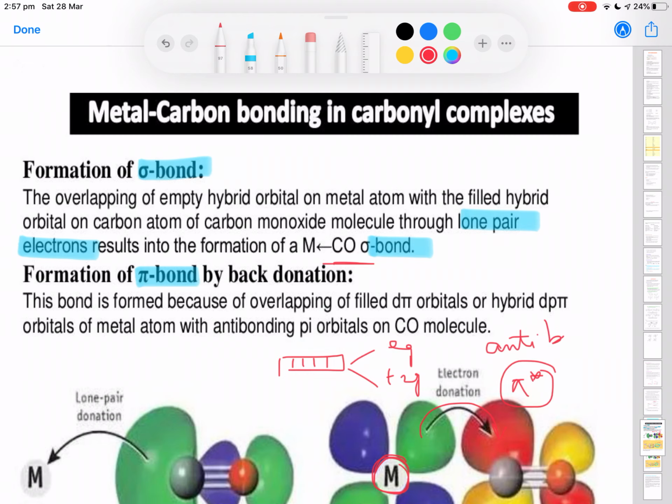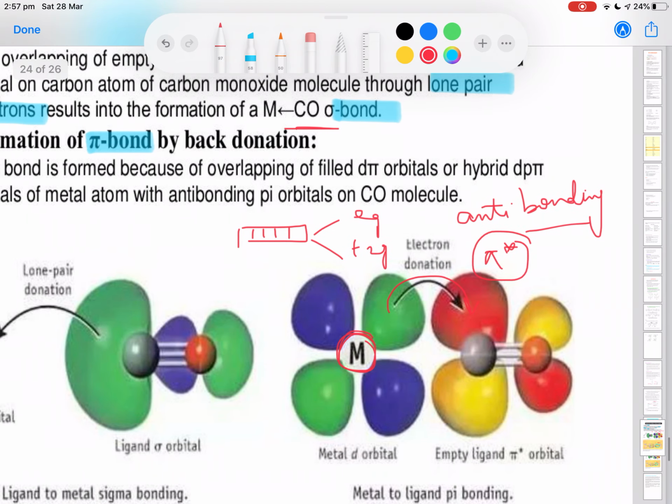So the anti-bonding orbital of the carbon monoxide molecule will take up the electrons from the metal atom. When it takes up the electrons from the metal atom, it is called back bonding. Okay, so pi bonding is also known as back bonding. So very clearly make a note of it.